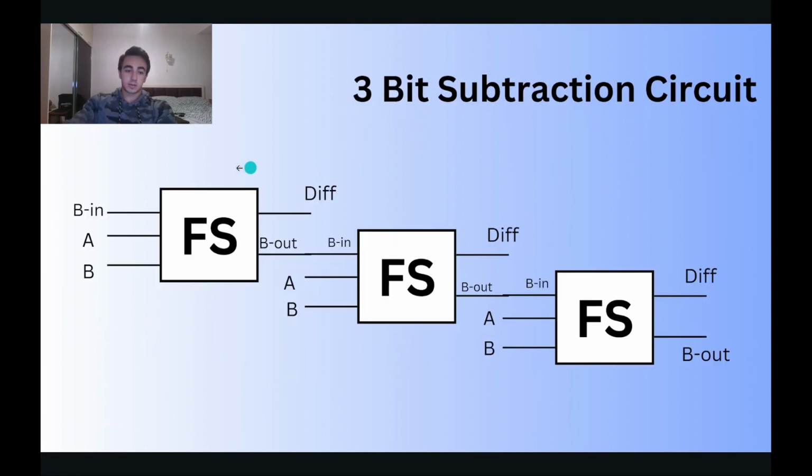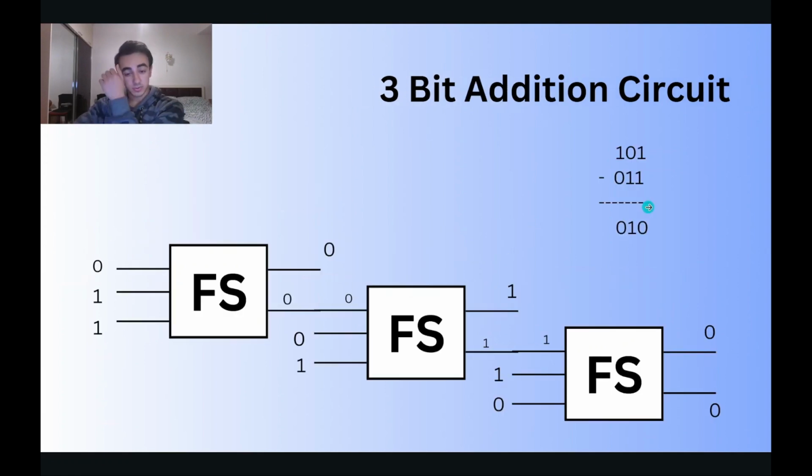So this is the circuit for performing a 3-bit subtraction. Again, for each bit we have one full subtractor. In this example, we have 101 from which we subtract 011.